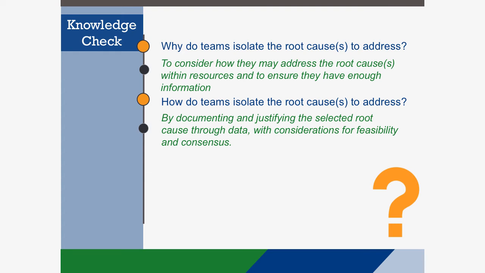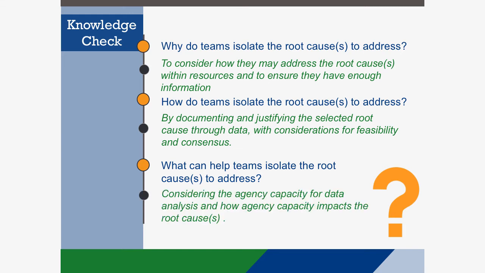By documenting and justifying the selected root cause through data, with considerations for feasibility and consensus. What can help teams isolate the root cause or causes to address? Considering the agency capacity for data analysis and how agency capacity impacts the root cause or causes.